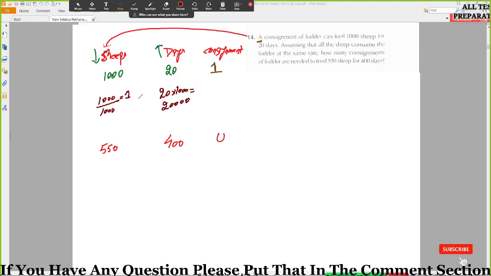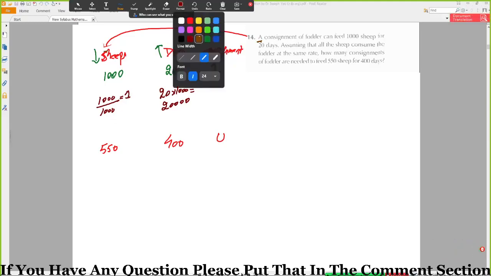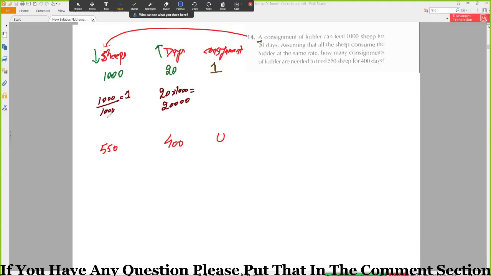Okay, now you need to bring 550 over here. So what will you do? Times by 550. Yeah, so 1 times 550 will be equal to 550 over here. So here you will divide it by 550.